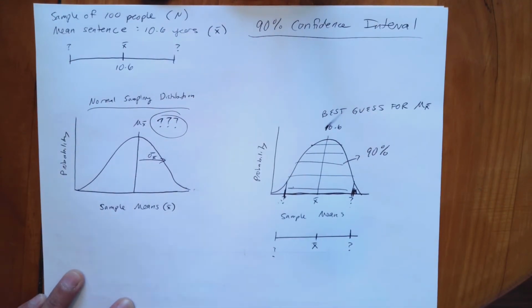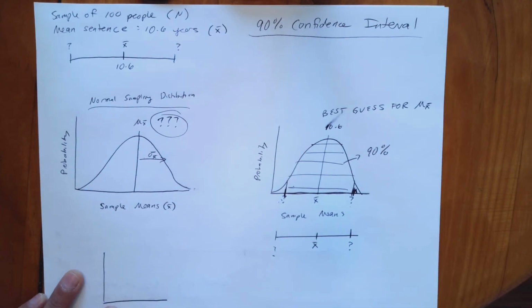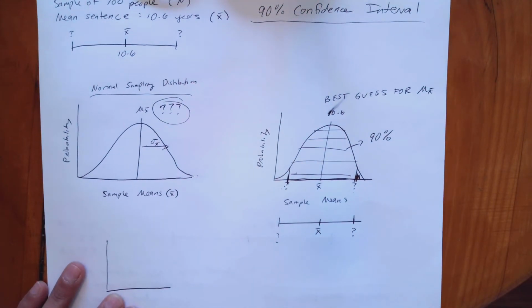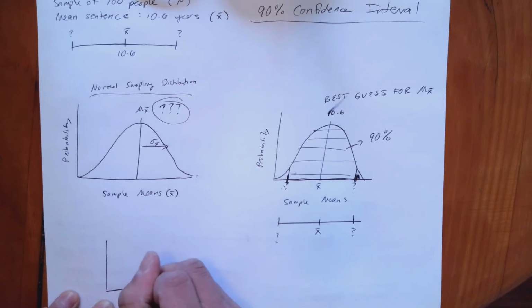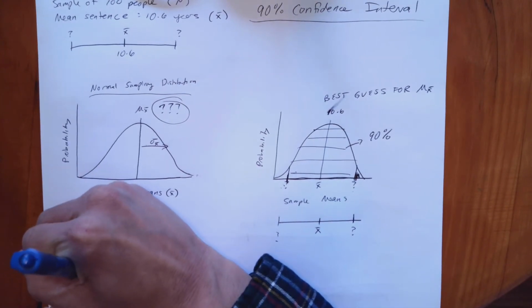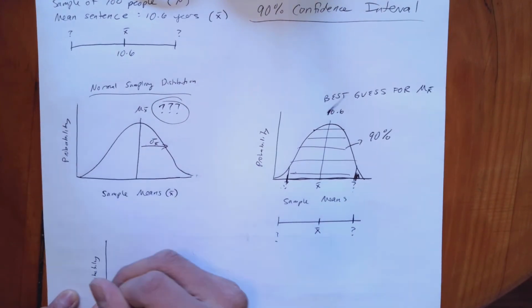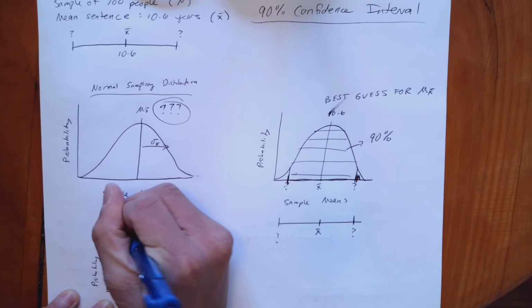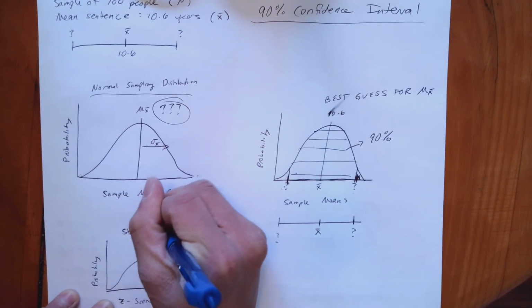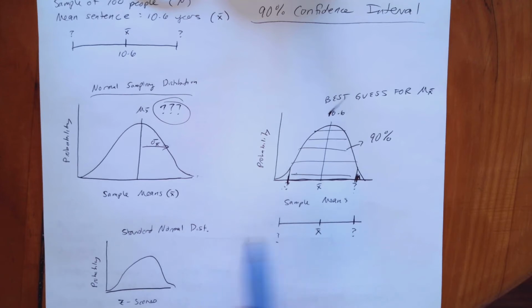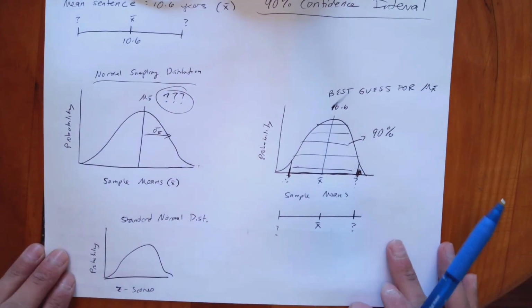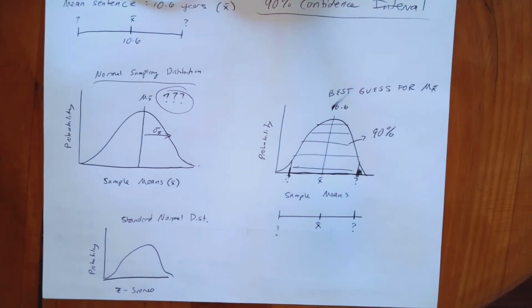So when we're working with a normal distribution, we can always turn it into a standard normal distribution that has z-scores on the bottom. So we can convert our normal distribution into a standard normal distribution by converting everything to z-scores.